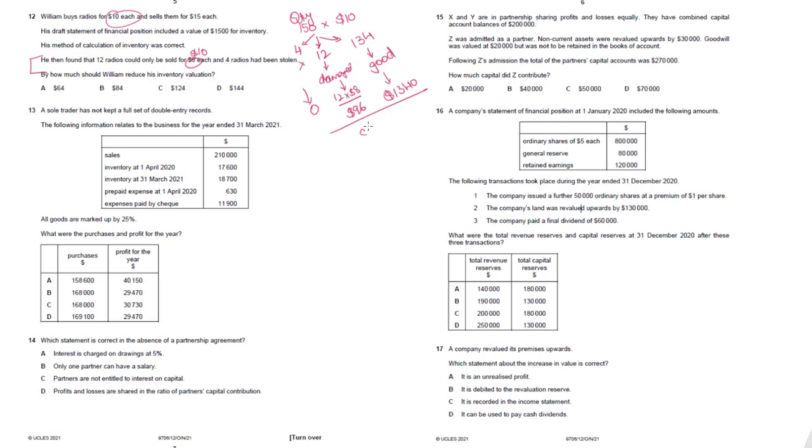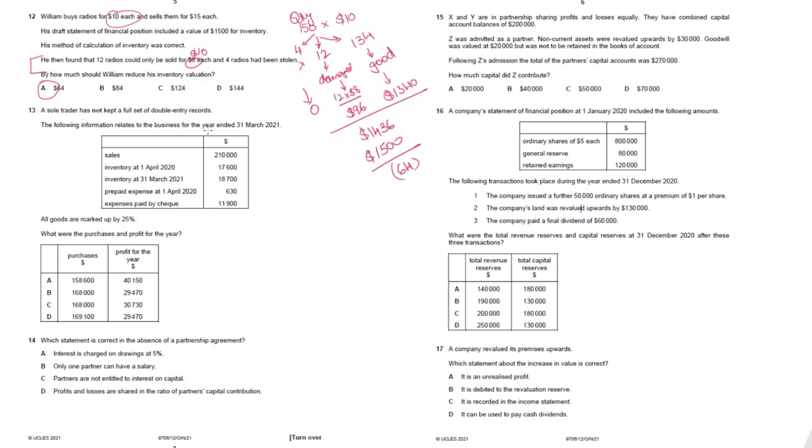The total value of inventory as per the correct valuation would be 1,436. Comparing this to 1,500, the value is in excess by $64. So the question is, by how much should William reduce his inventory valuation? 64, option A.